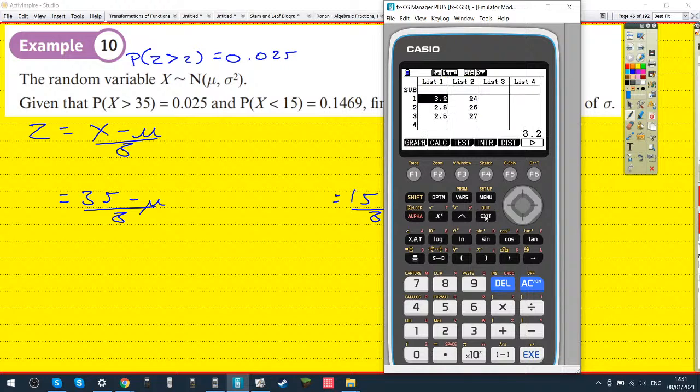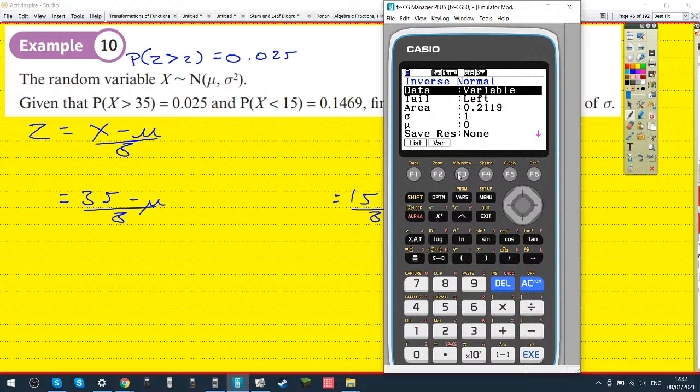However, the probability of it being 0.025 will be the same for the specific normal as it is for the standard normal. And so in the standard normal, the mean is always 0, the standard deviation is always 1, and I need a z that gives me an area of 0.025.